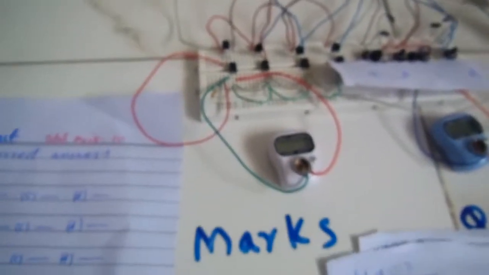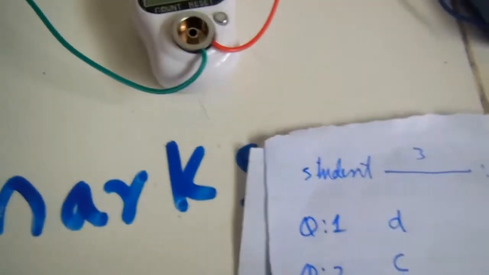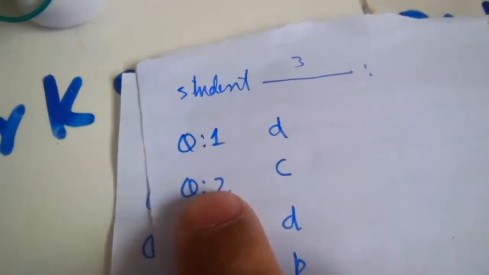For the next student paper, this is student number 3. For question 1 he selected option D, for question 2 C, and for question 3 D, as you can see in the question paper.